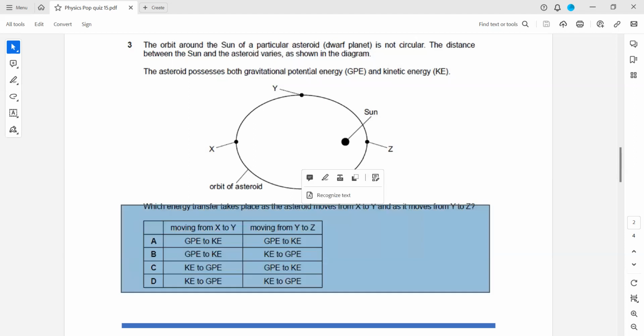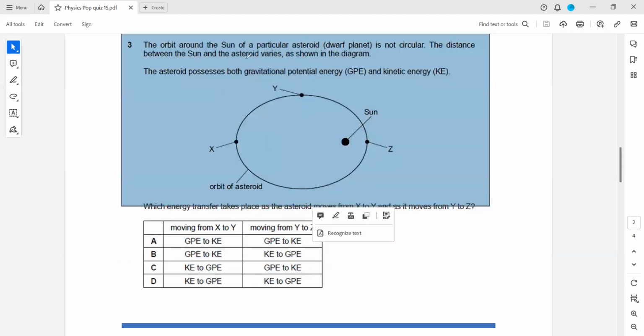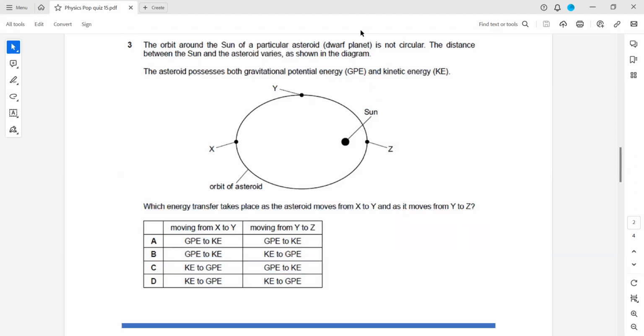So at this point, it will have GPE and kinetic energy. The GPE is minimum here.